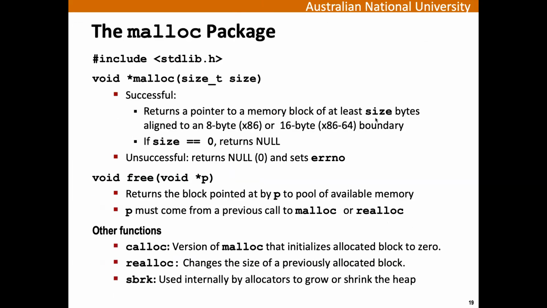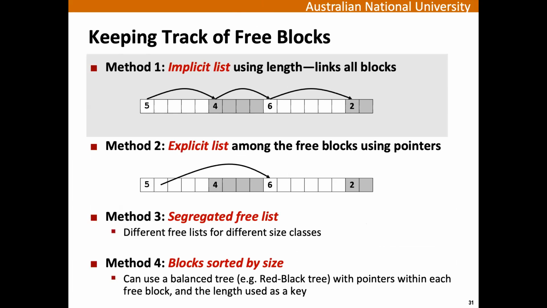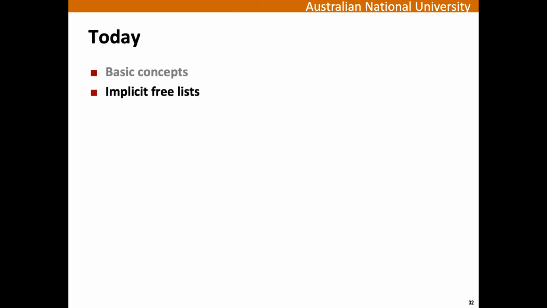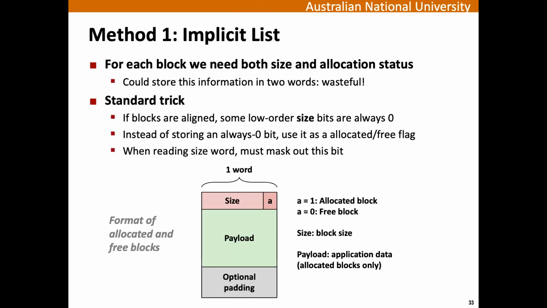So we were looking at implicit free lists, how to build a dynamic memory allocator using an implicit free list. And today we are going to complete our discussion of dynamic memory allocators. I was telling you that some of the low order size bits are always 0 to ensure alignment.